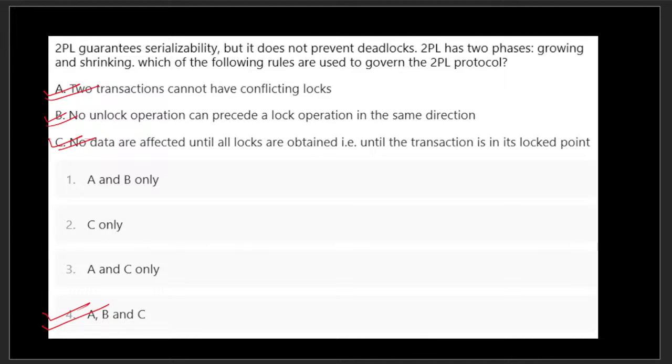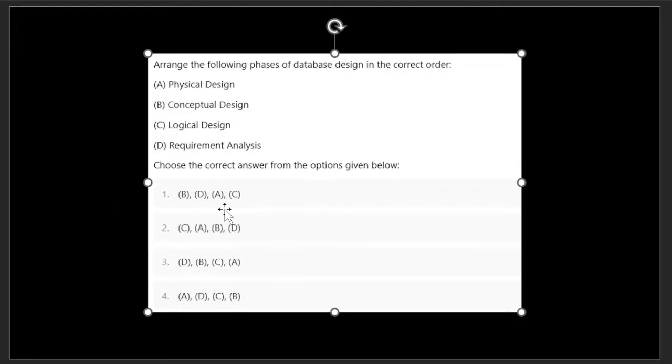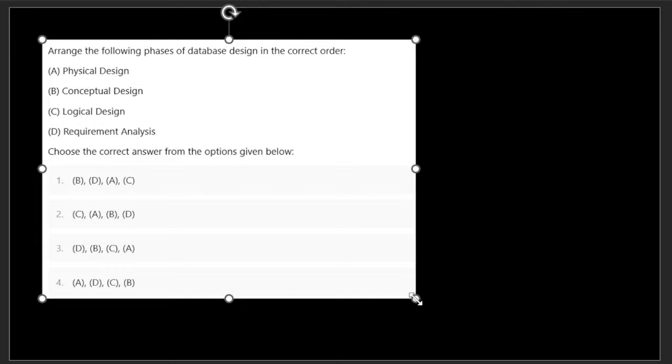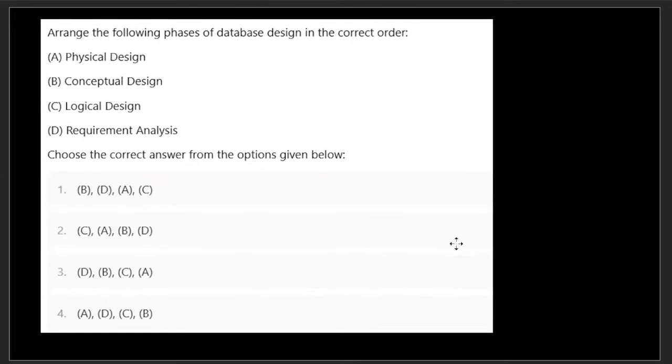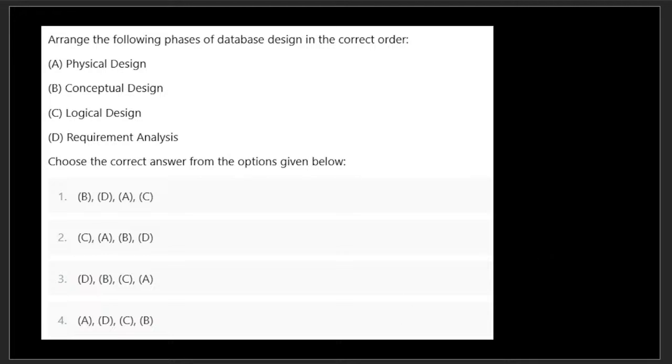Now let's see the next question. Read the question properly. Arrange the following phases of database design in correct order.